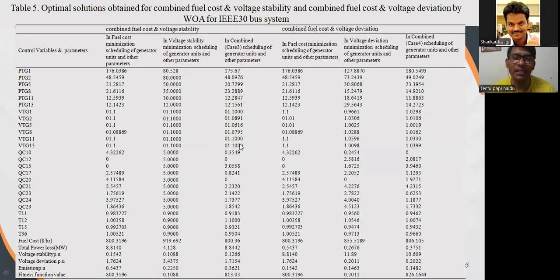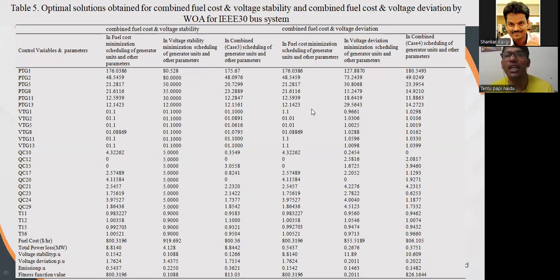Similarly, combined, the fuel cost is 800.36 and the voltage stability is 0.1266. In the same case, when we consider combined fuel cost along with voltage deviation, that is the multi-objective function.